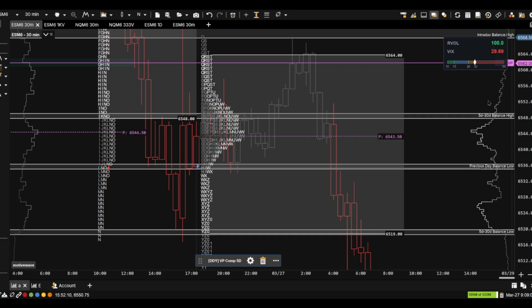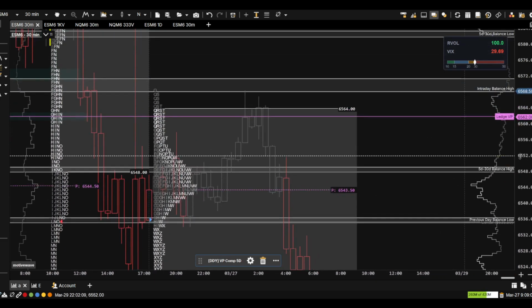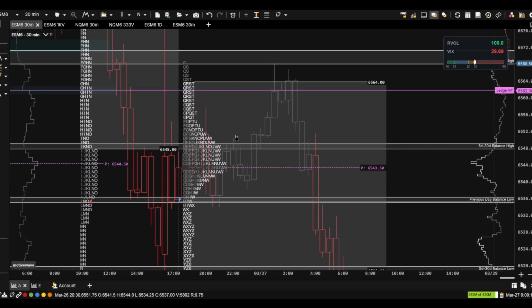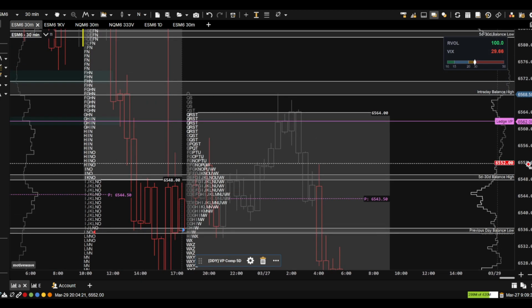This is a kind of a balance, yeah, because this is a low volume node area where price didn't spend so much time there. Yeah, time and volume. In this volume profile, we are referring to volume.